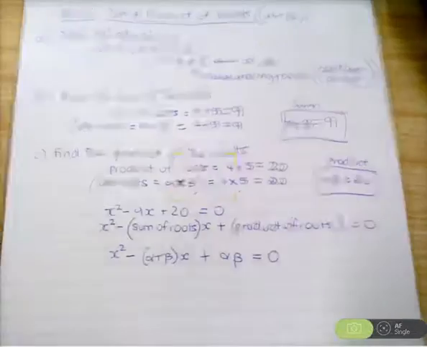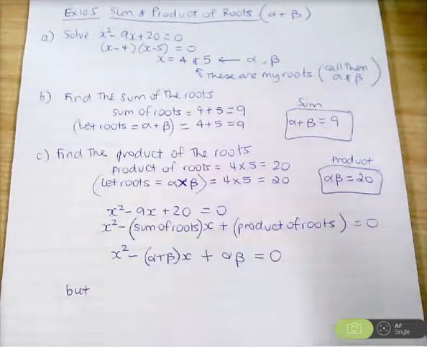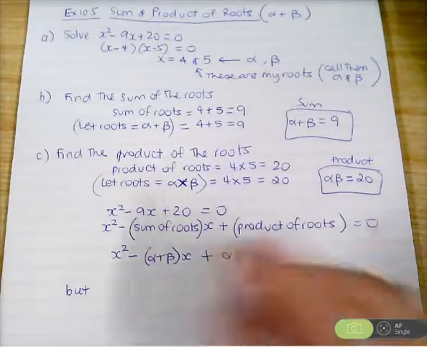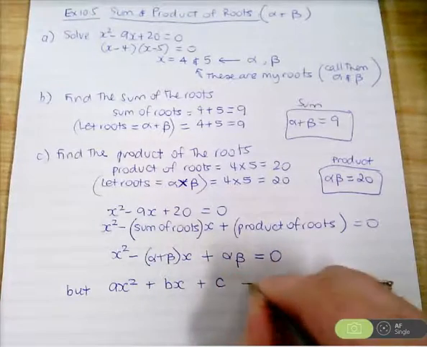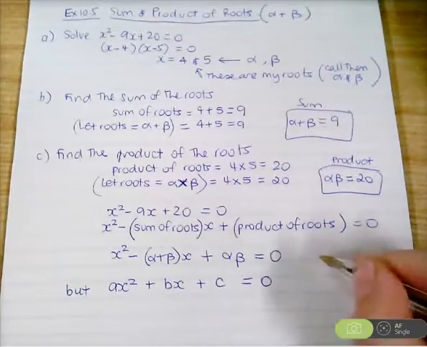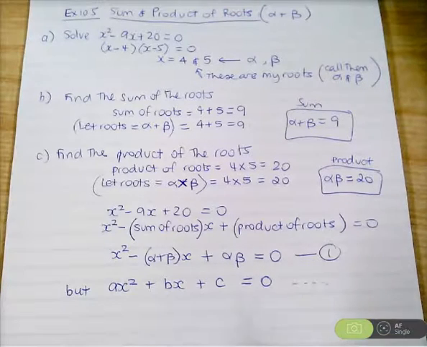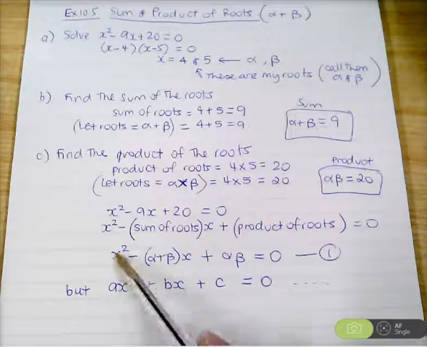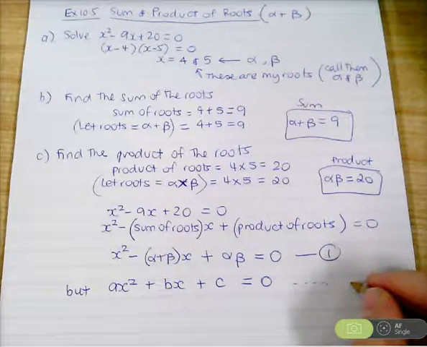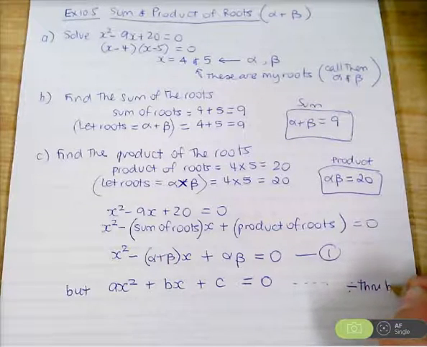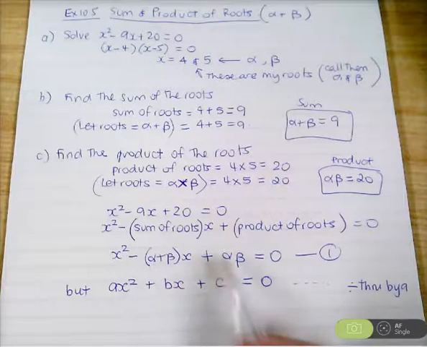We know that the general form of a quadratic equation, and we've been doing it all week, is ax squared plus bx plus c equals 0. Now, I'm just going to compare 1 and 2, but they're not quite the same. I don't want an ax squared. I want to get rid of this a. So I'm going to divide each term by a, because I want it to look like x squared minus something plus something.